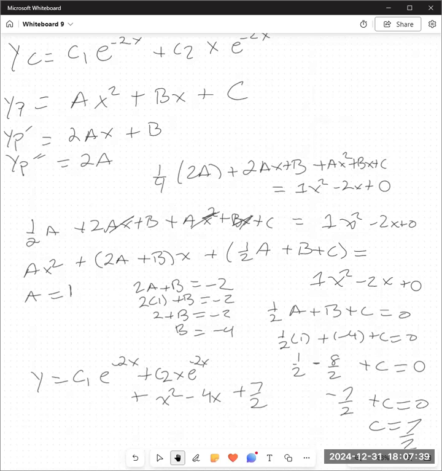So look forward to that coming up. Again, the annihilator approach also works for the same types of functions here. It's really not going to help you with any other types of functions. You're still going to have polynomials, exponentials, sine and cosine functions, products of those, sums and differences of products of those. That's basically going to be it.